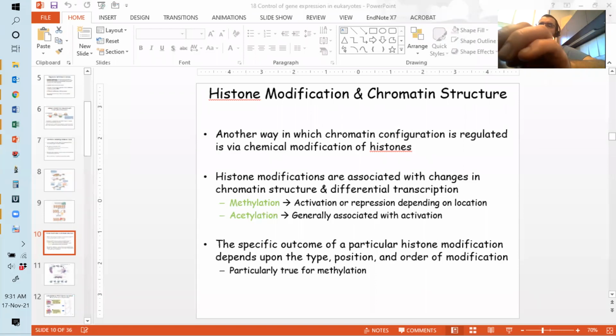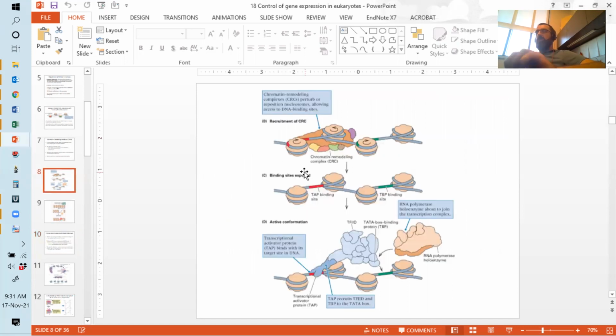Also, these modifications interplay with other chromatin modifiers. The methylation or acetylation state can actually recruit other proteins, like these chromatin remodeling complexes, and tell them to do something, right?